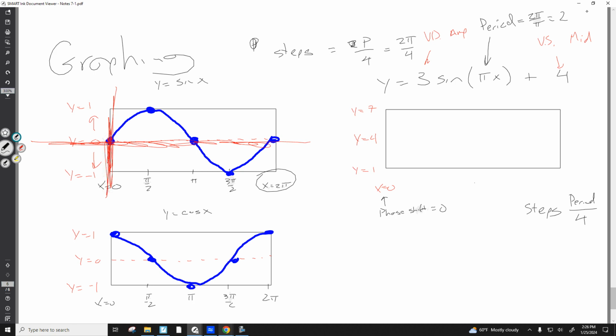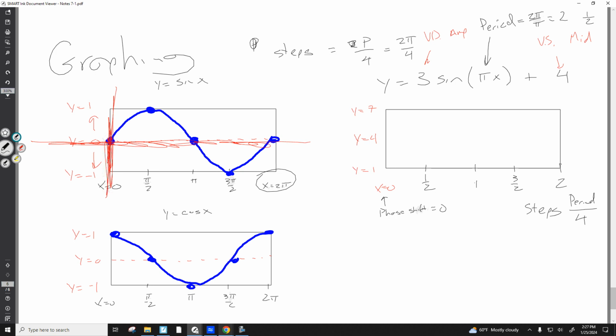Step that out by dividing by 4, and we will step 1/2 at a time: 1/2, 1, 1.5, 2. You guys comfortable with what I just did? I start at 0. I have a period of 2. I step that out by dividing it by 4. 2 divided by 4, a half, a half, a half, a half. I get from 0 to 2.